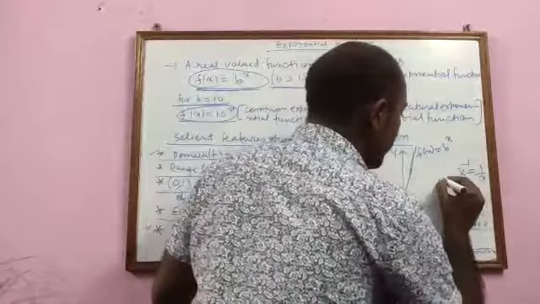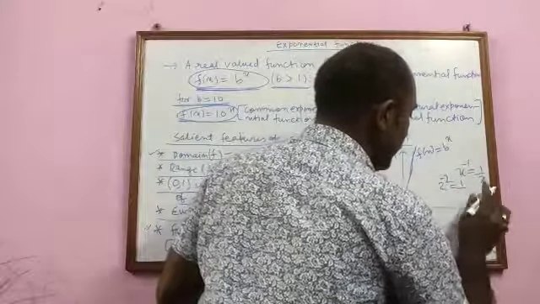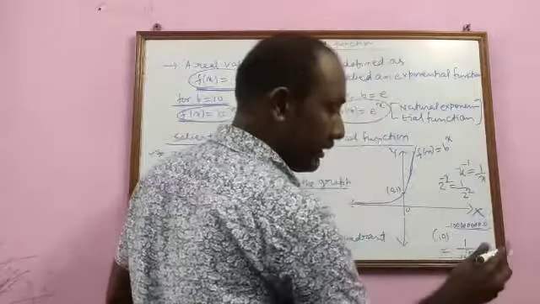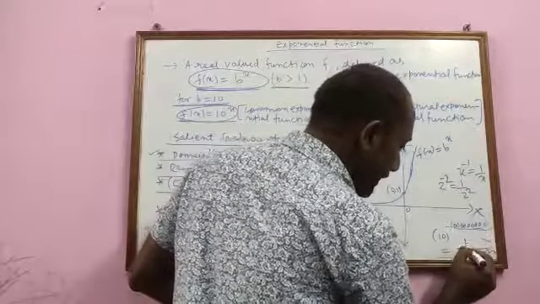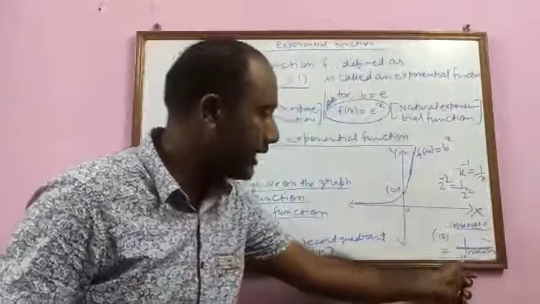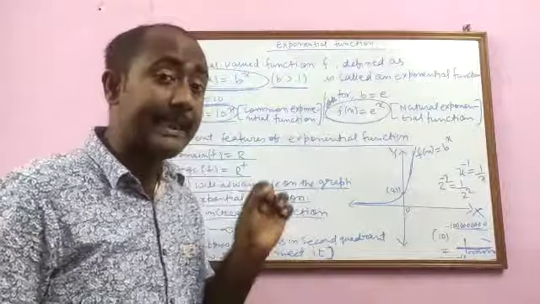Because in the law of exponents you have learned that 2 to the power minus 2 is 1 by 2 square. So 10 to the power minus this is 1 by 10 to the power this. So now you imagine 1 is divided by such a large value. So 1 divided by a very large value will give you a value which is very close to 0 but will not be exactly 0.